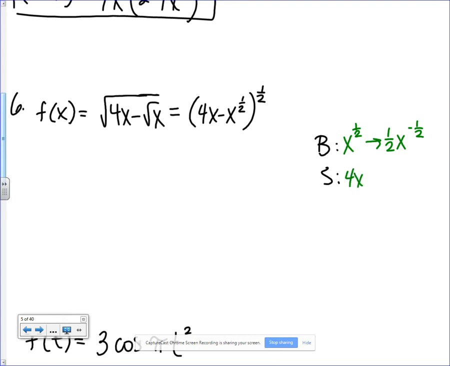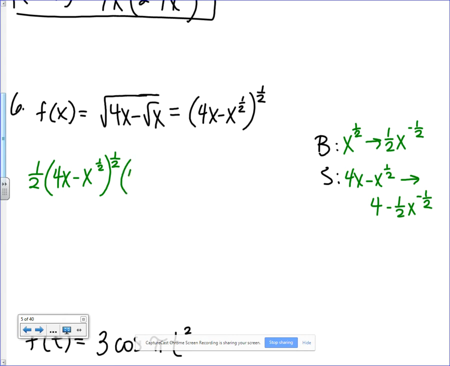Small function. Now let's do the chain. Big derivative with the small function times the small derivative.